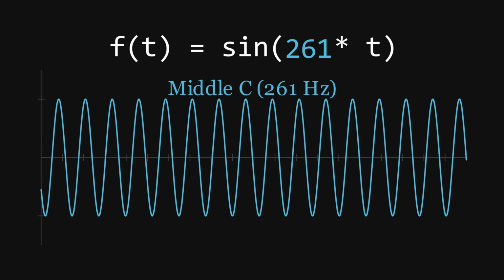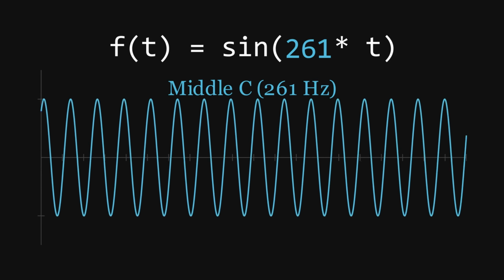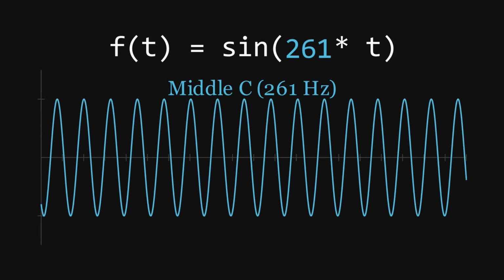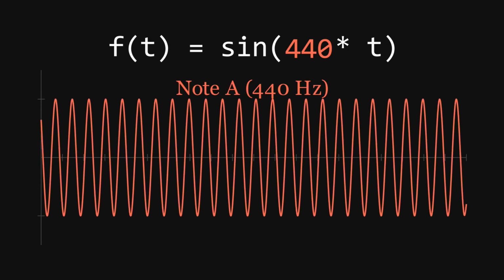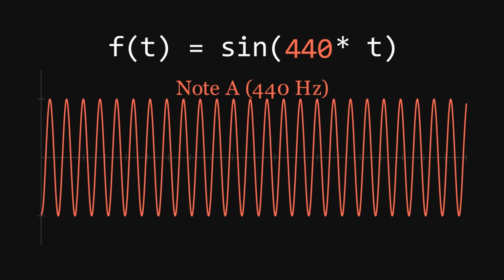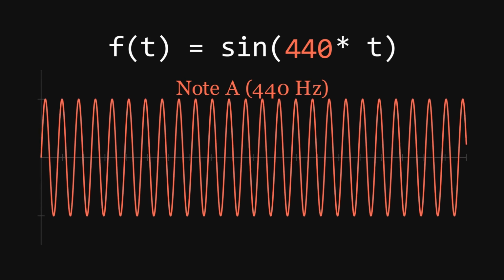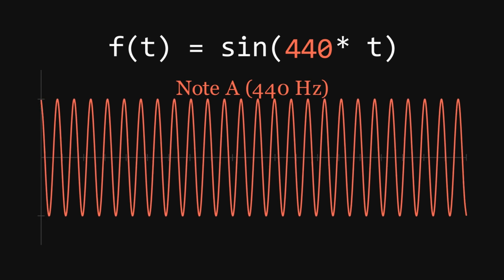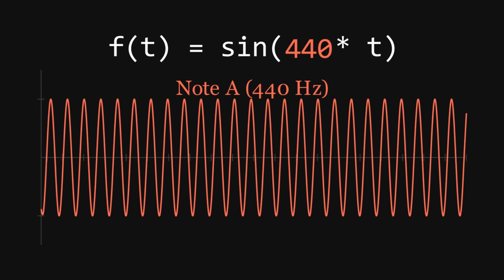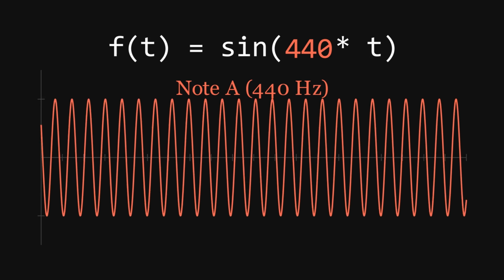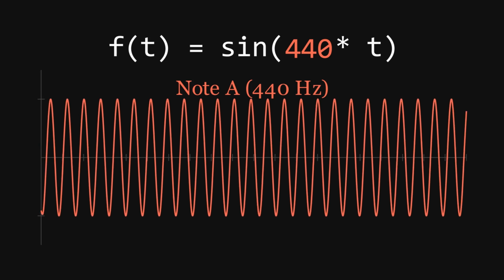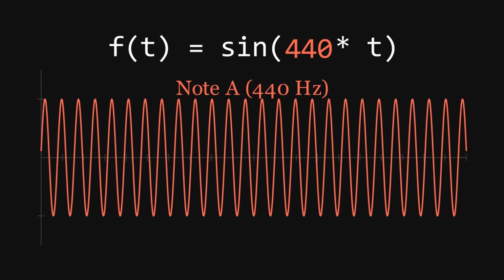If you tell the wave to vibrate 261 times per second, your ear hears middle C. Speed it up to 440 times per second and you hear the note A. By simply changing this one number in our equation, multiplying time by a specific value, we force the sine wave to wobble at exactly the right speed, letting us tune our math to any pitch on a piano.